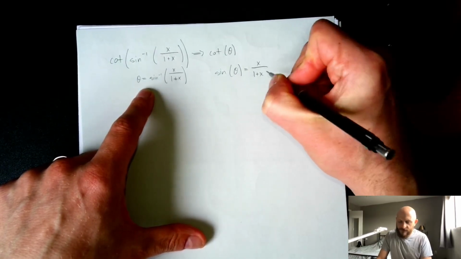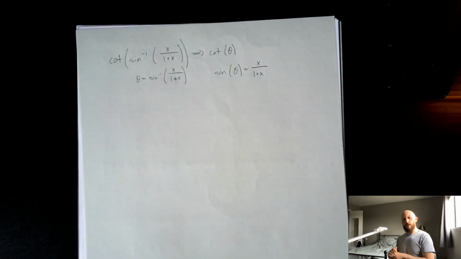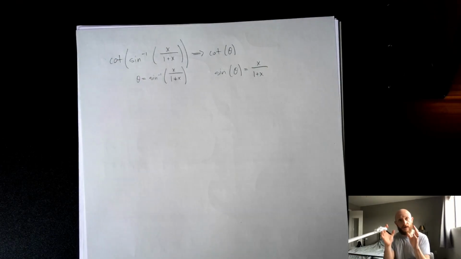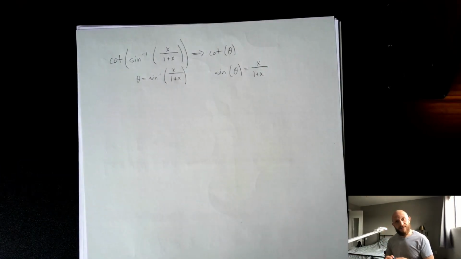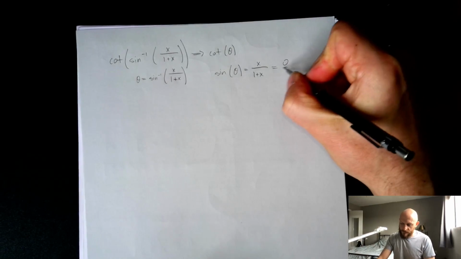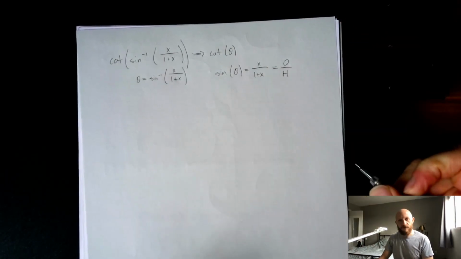But relationally, within a triangle, what does sine represent? Sine of theta in a right triangle is the opposite side over the hypotenuse. Opposite over hypotenuse.